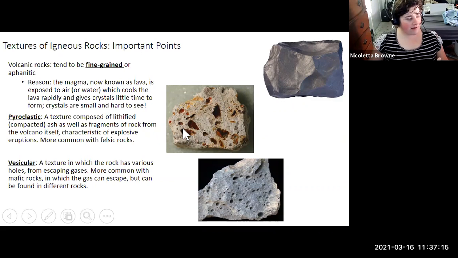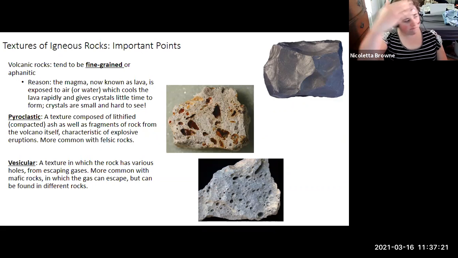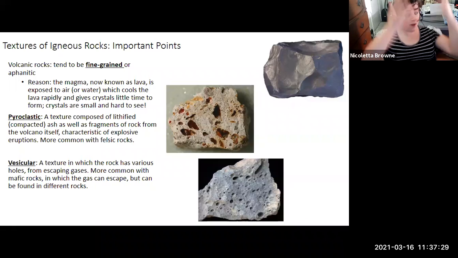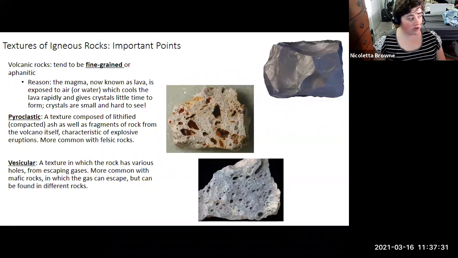And then you also have fragments of rock that are either from larger bits of lava that cooled, or in some cases from the volcano itself, from the cone, bits of rock get blown out by the explosion and mixed in with the ash. This is often what the rocks produced by big eruptions look like. This is a pyroclastic texture.